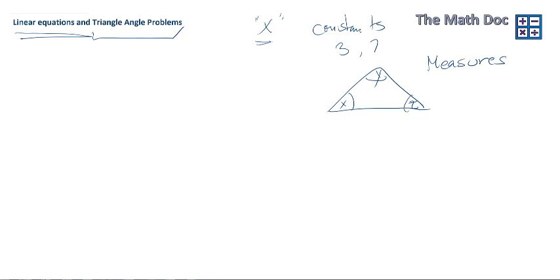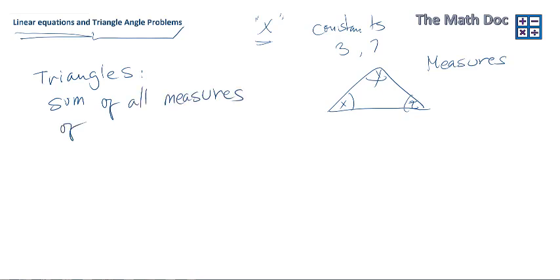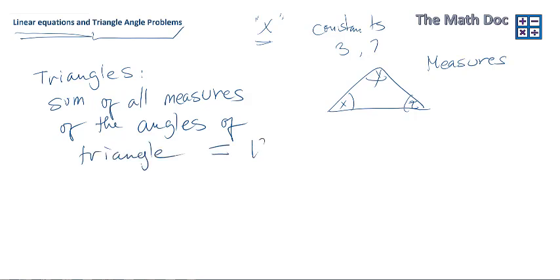And what we do know about triangles, and this is only for triangles, is that the sum of all measures of the angles of a triangle is equal exactly to 180 degrees.